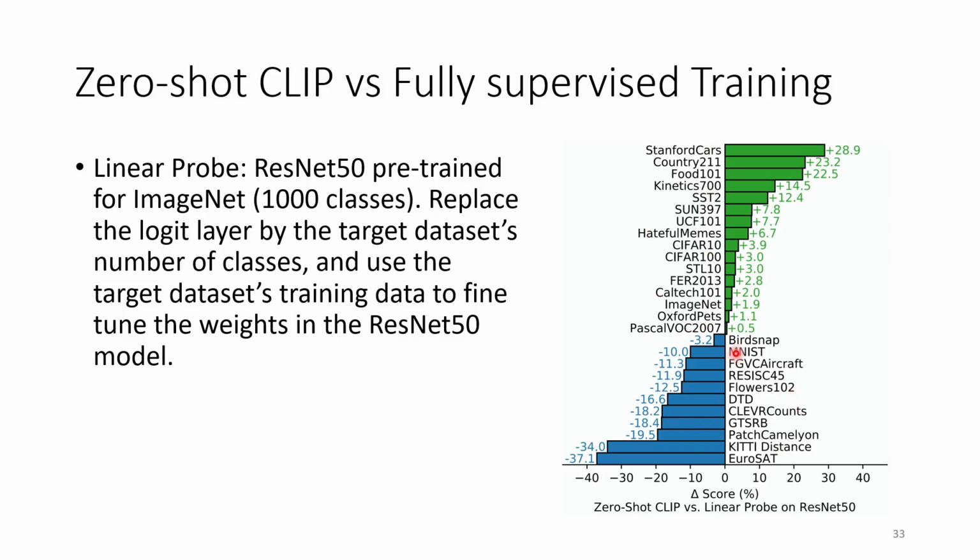They can generate results as good as the ResNet 50 here, which is pre-trained on ImageNet and then fine-tuned on the 27 datasets.